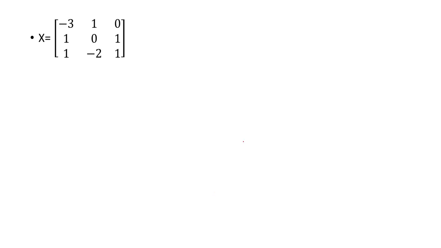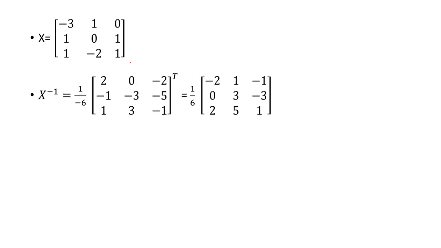So we write the model matrix X as minus 3, 1, 1, 1, 0, minus 2, 0, 1, 1. Now we need to find the inverse of this matrix X.